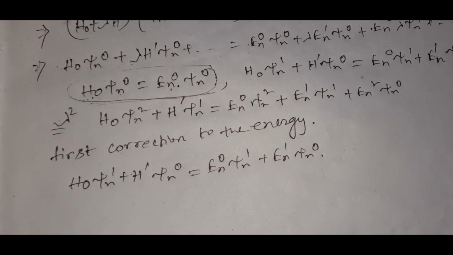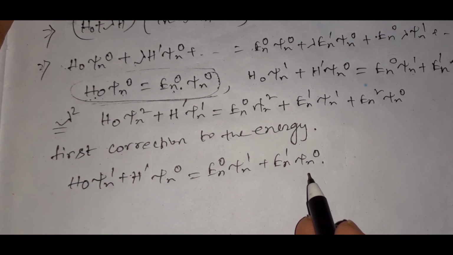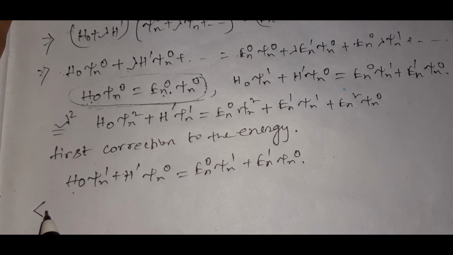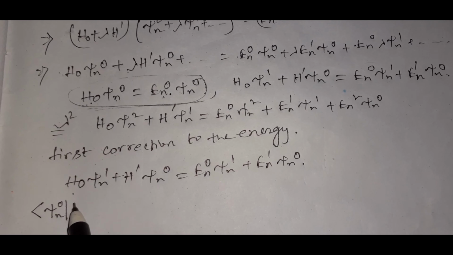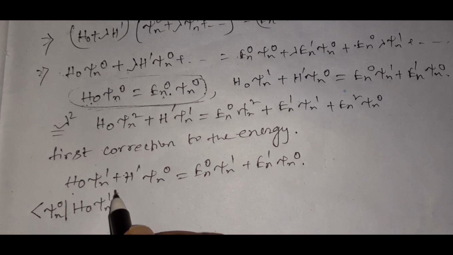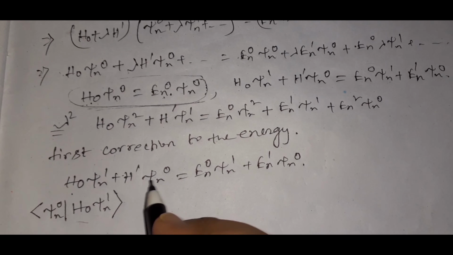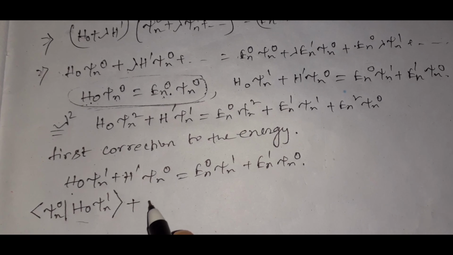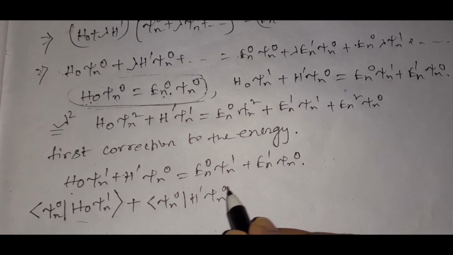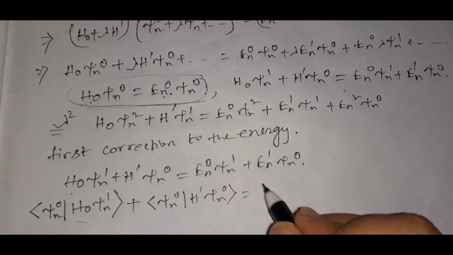Okay. So what we are going to do now is multiply by psi n0 dagger from the left side, and we get this. This is a bra and this is a ket.